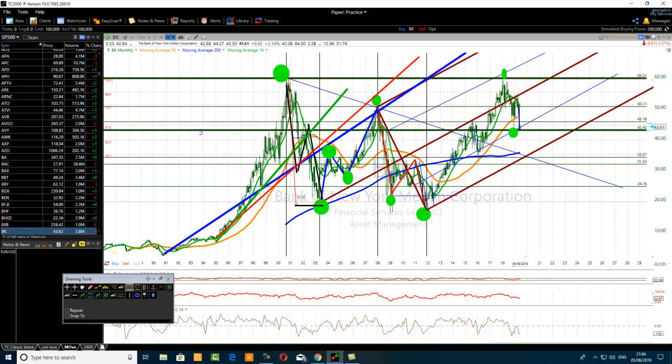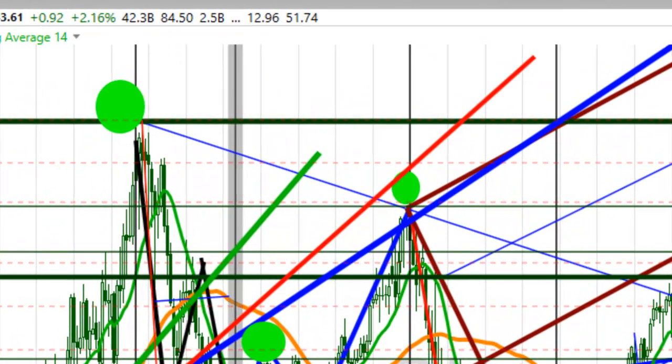XA. From the high to the low of the XA. I've done it. XA. Very, very important. If you are an Elliott wave trader and you do not pay attention to the Fibonacci traders, you may make all kinds of mistakes. In fact, an Elliott wave trader should be an excellent Fibonacci pattern trader.